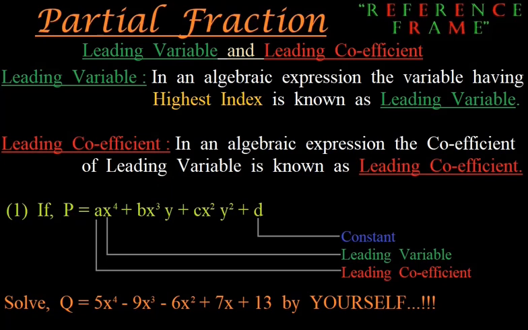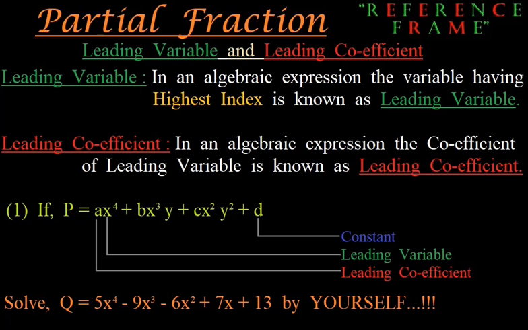So x is our leading variable in this algebraic expression. And x^4 has a coefficient which is a. Therefore, a will be our leading coefficient. And d has no x or y with it. That means d is not the coefficient of either variable x or y. That means d will be the constant only.